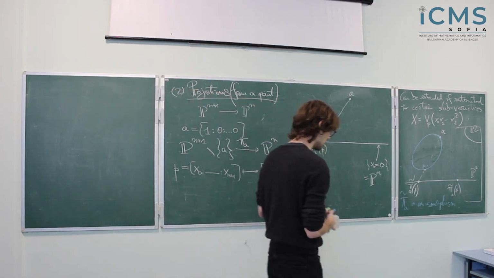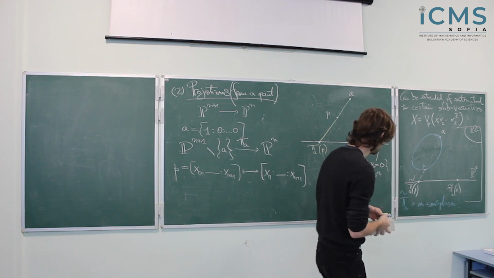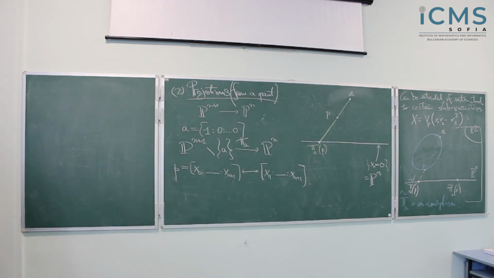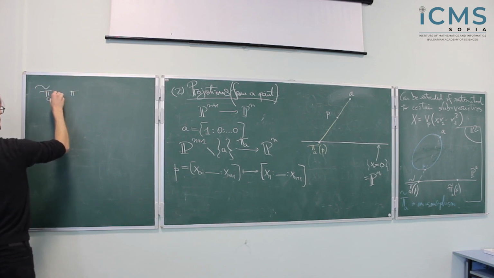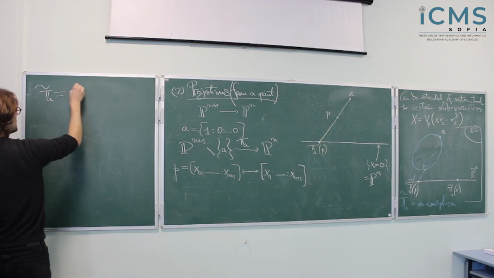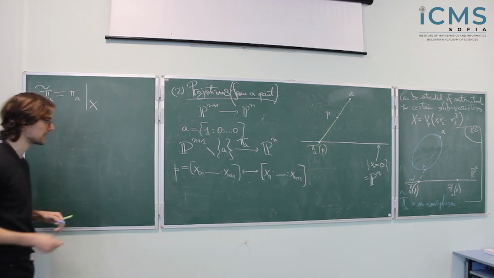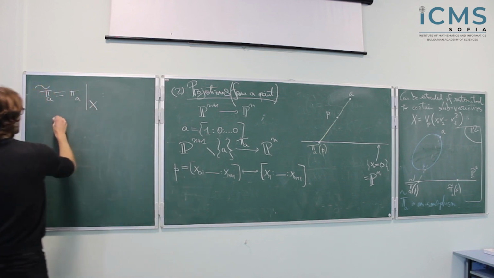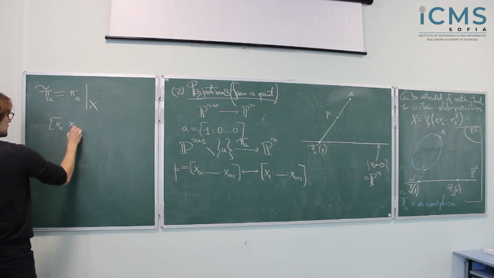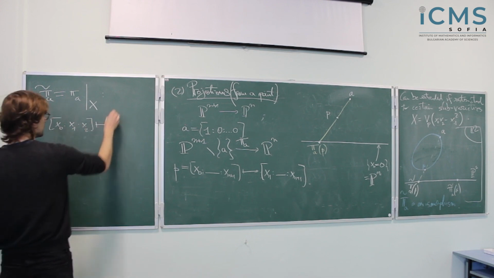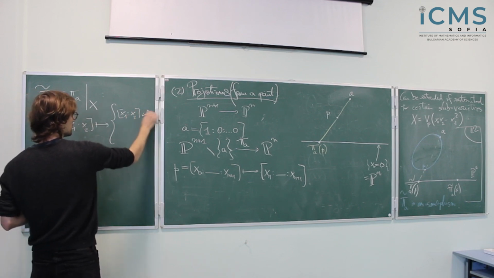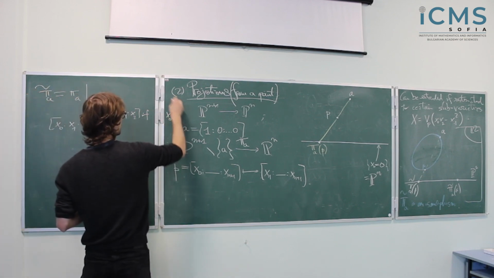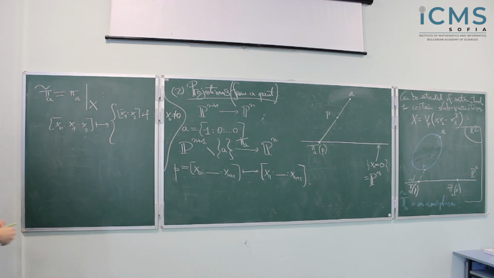Now, I said that P tilde is just the projection from A restricted to X, and it will take a point to its image. How could we define this extension?